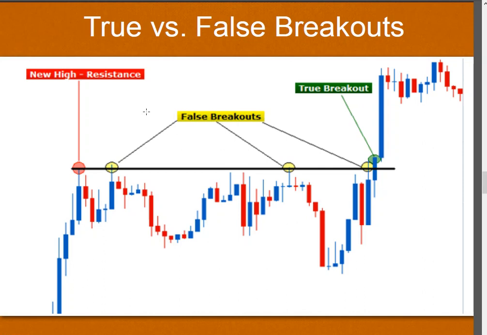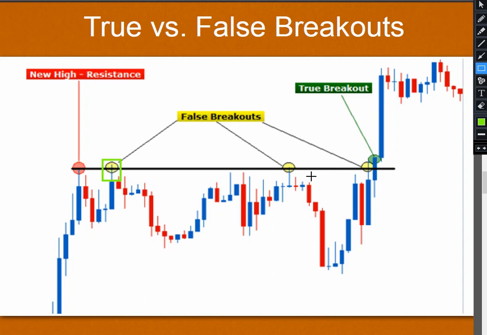If you look at our chart, this is a resistance level, this black line. You can see this candle touched, did not even close near the line, closed well below. But there's a wick above the level.